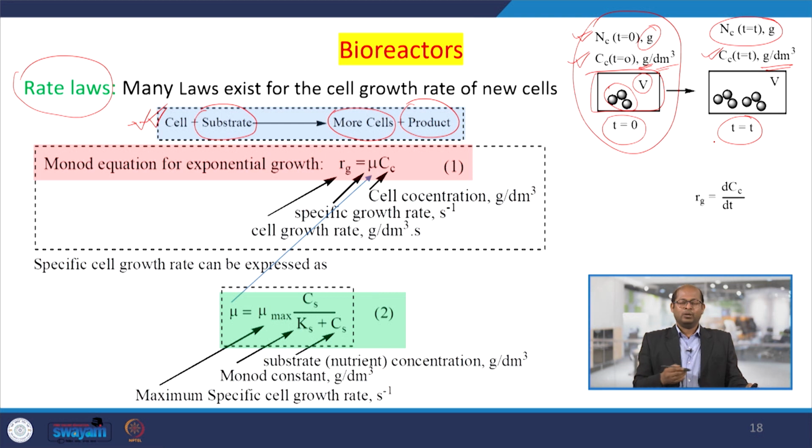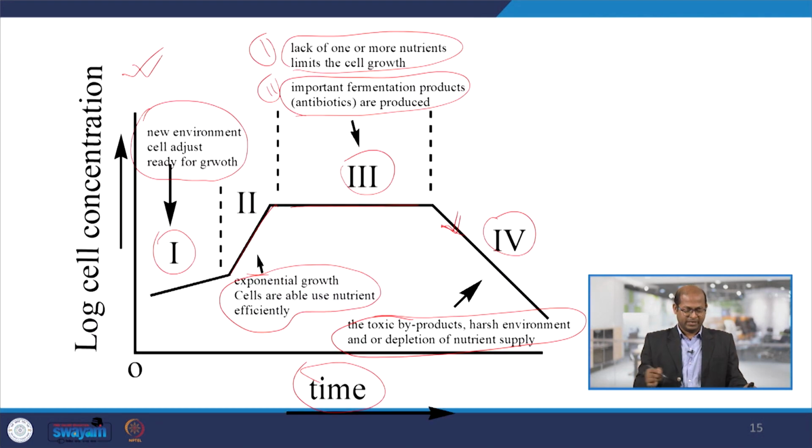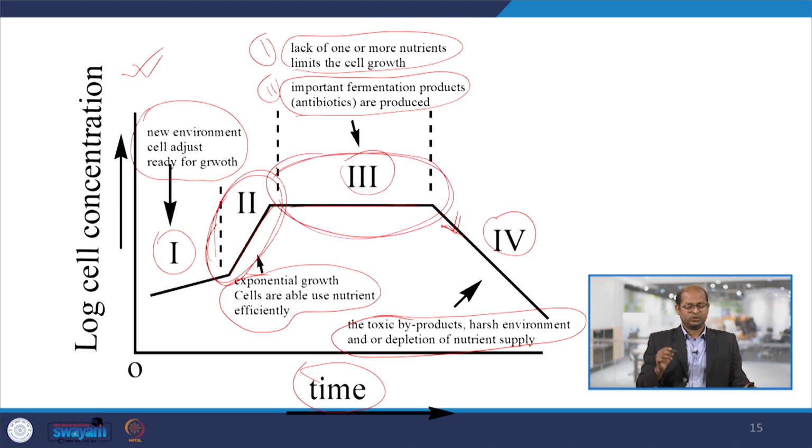So, for that we have to develop some rate equations for that cell culture or cell bioreactors. So, here the Monod equation is used. I said the cell growth is usually observed in stage 2, the exponential growth stage, and at this third stage there is no new cell formation, but for this bioreactor, stage 2 and stage 3 both are very important. Okay.